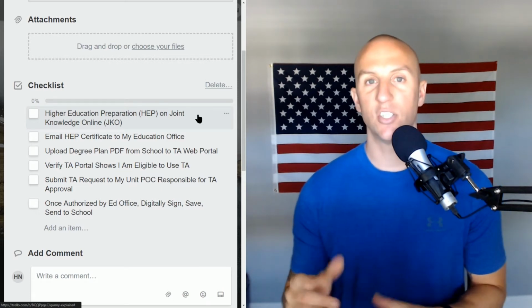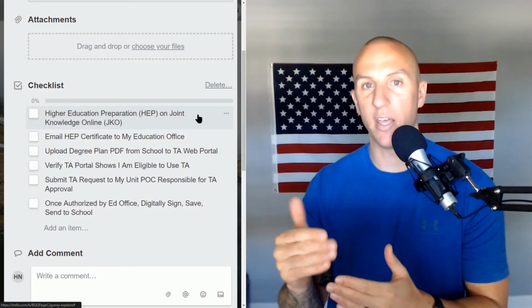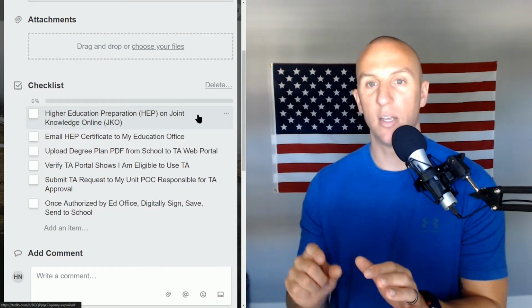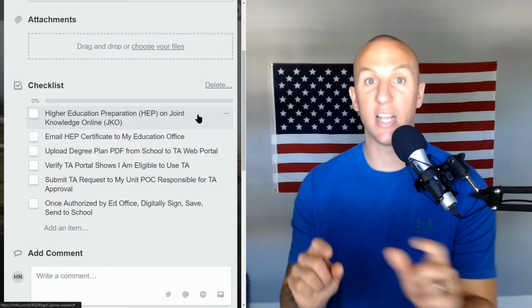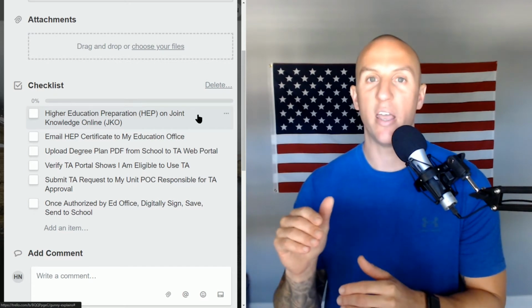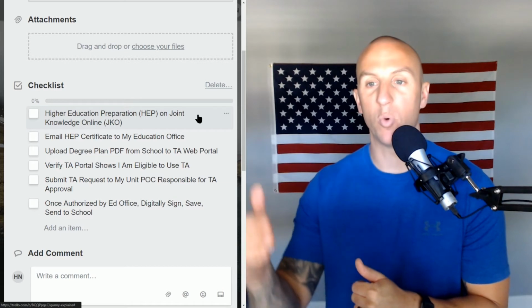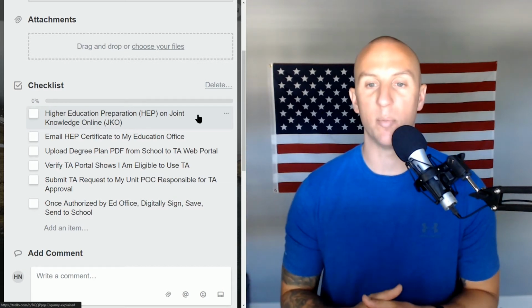Once the education office gets it, they'll verify that everything makes sense with the degree plan, that the class you're requesting lines up with that degree plan, and that you have money left in TA for that FY. They should approve it at that point if you meet all the eligibility requirements.